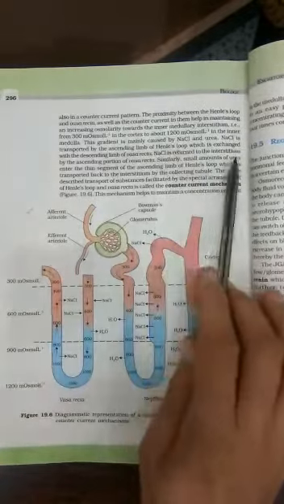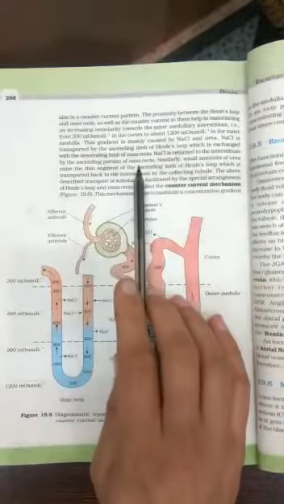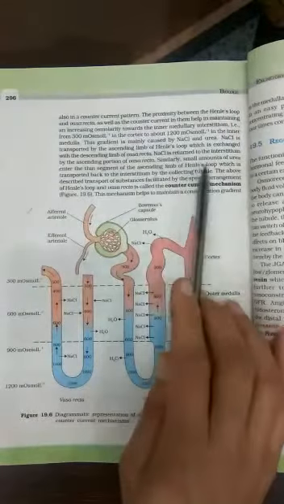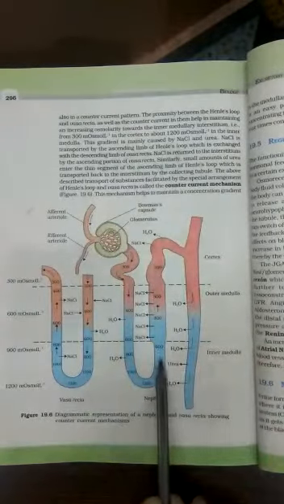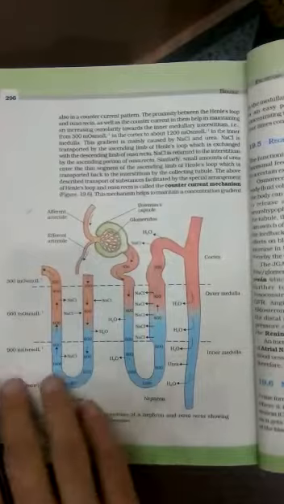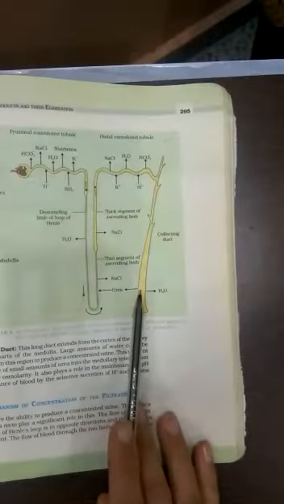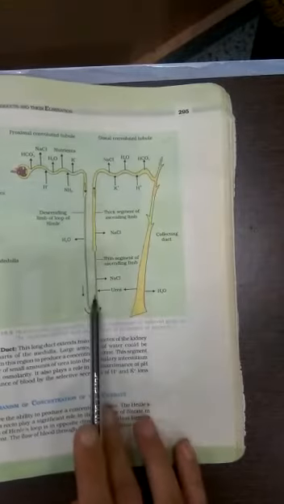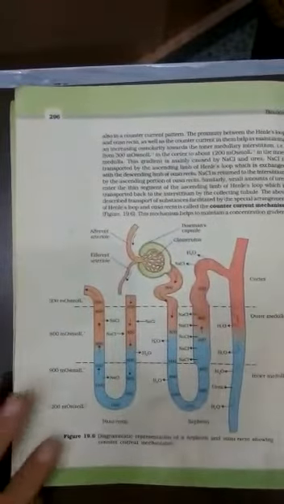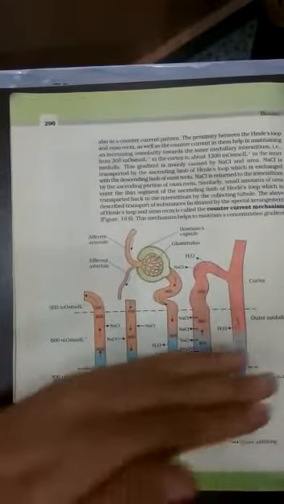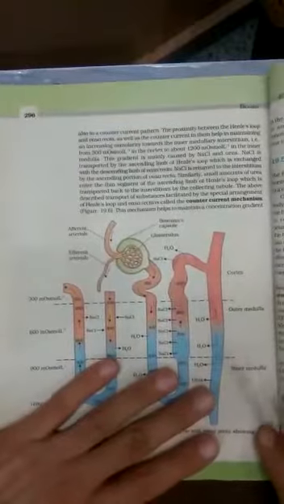So NaCl is returned to the interstitium by the ascending portion of vasa recta, and similarly a small amount of urea also enters into the thin segment. This is the thin segment. Urea enters here. You can check this point even in this diagram. Urea comes out from the collecting duct and enters into the thin segment of the ascending limb of the loop of Henle. So because of this also there is hypertonicity in the interstitium in the lower portion of medulla.